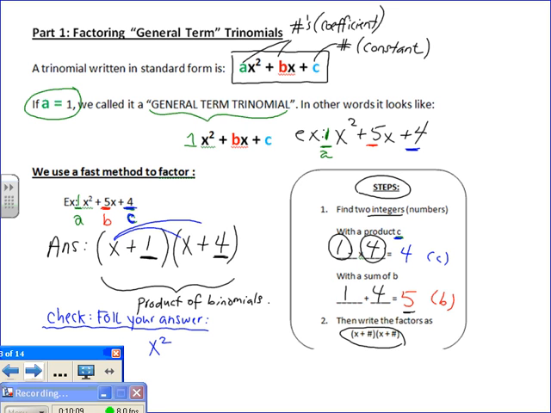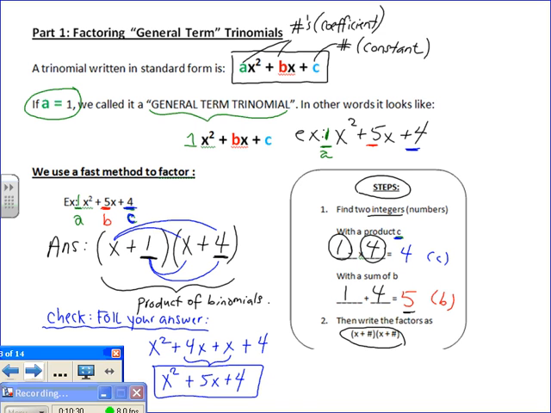Outside terms, x times 4 gives me 4x. Inside terms, 1 times x gives me x. And finally, the last terms, 1 times 4 gives me 4. I'll combine my like terms, and I get x squared plus 5x plus 4. That's my original trinomial that I started with, so I know I factored it correctly.